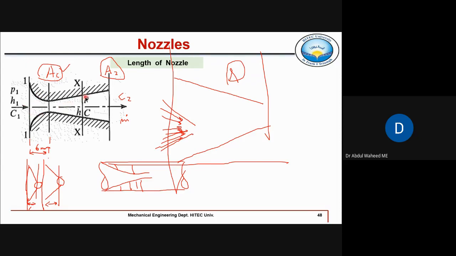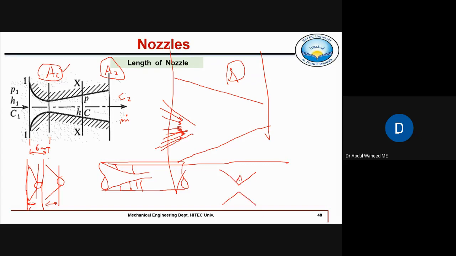Now let's discuss the divergent part. Divergent part में issue ये है कि the fluid velocity here in the divergent part is already very high. So in the divergent portion, this high velocity stream which is leaving from here, for example, this is the convergent part, and divergent part is, for example, very short, like this one.